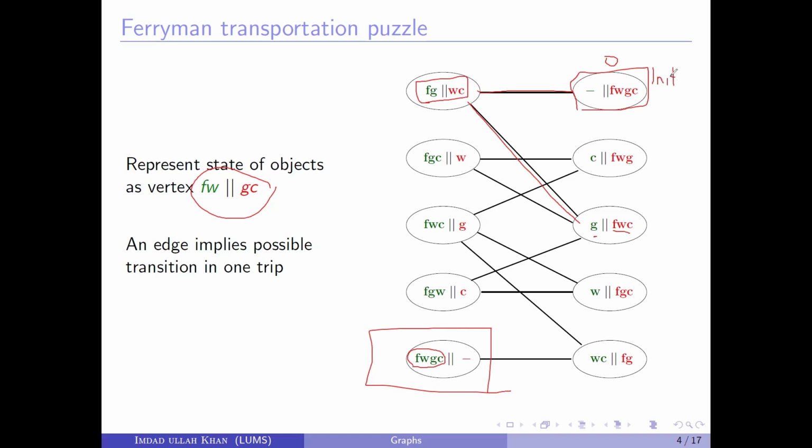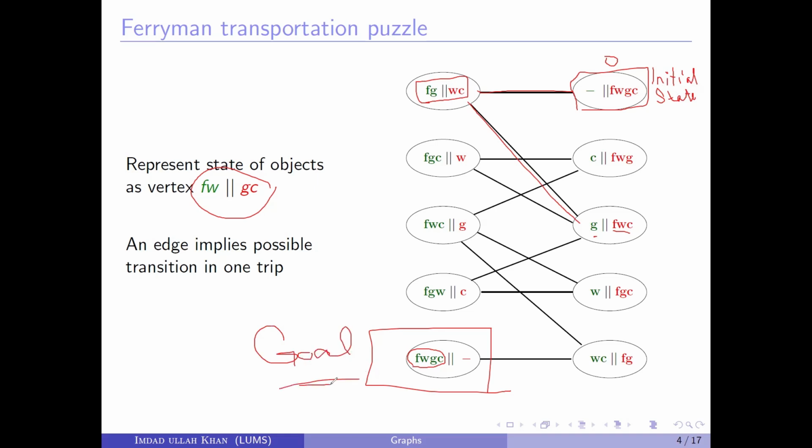If we model this whole thing as a game or a puzzle, and we use graphs to solve it, this first vertex essentially represents the initial state. This is our starting configuration of the problem. And the last one is our goal state, the state we want to reach.